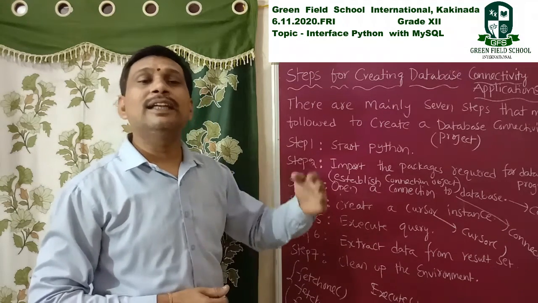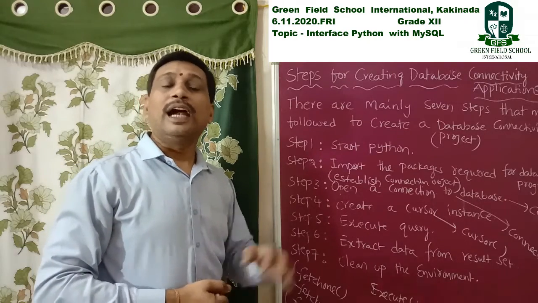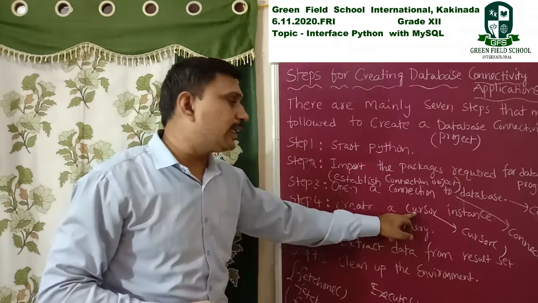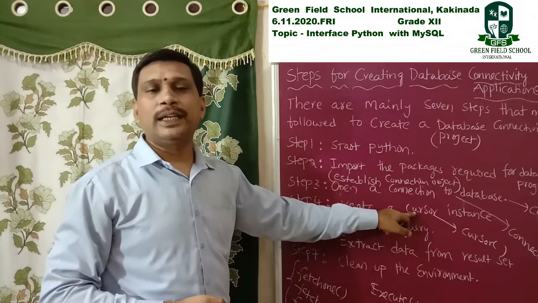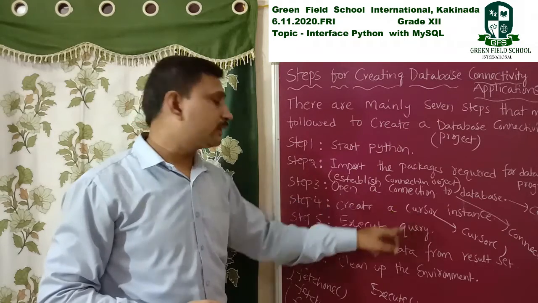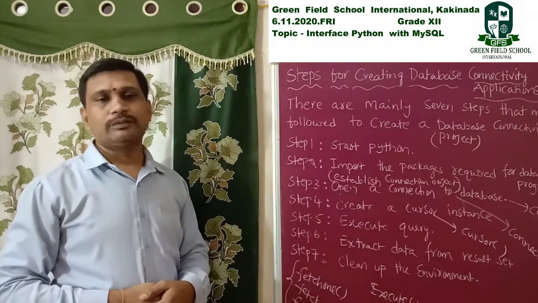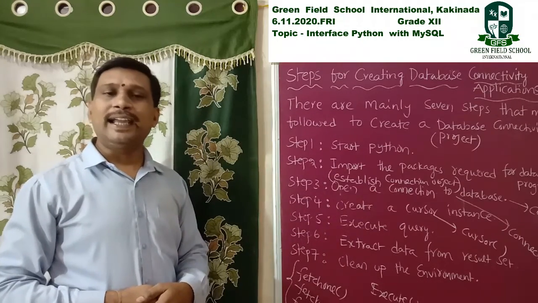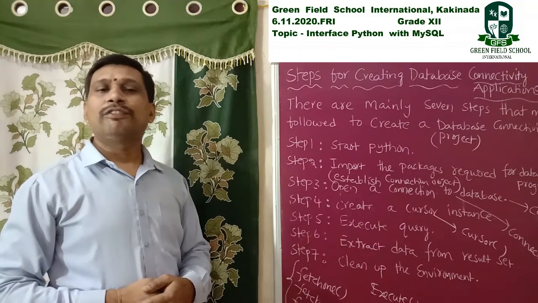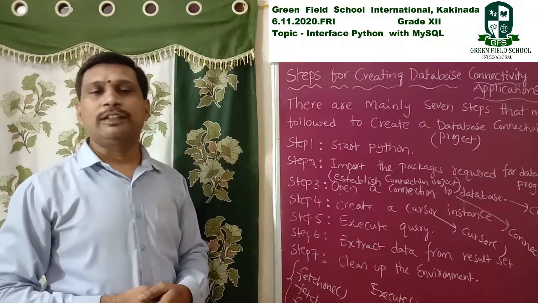So it selects all the data from the database student table and stores it in temporary memory, this cursor object or cursor instance. For that purpose we execute a query here. Suppose I write select star from EMP where employee number is equal to 101.